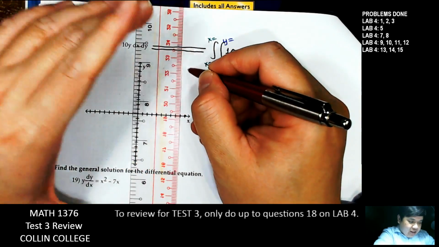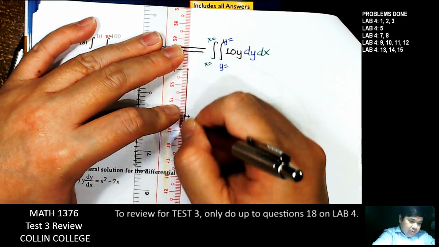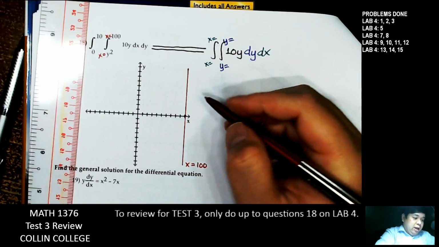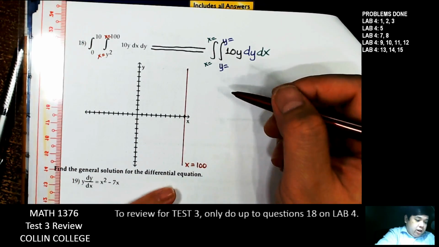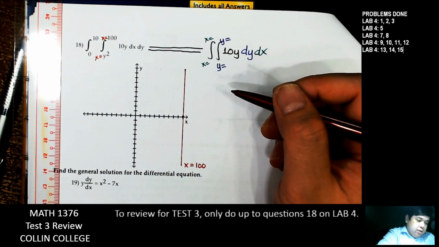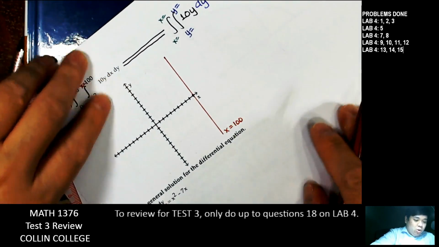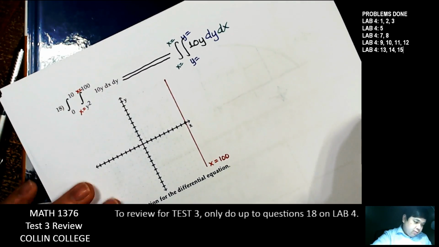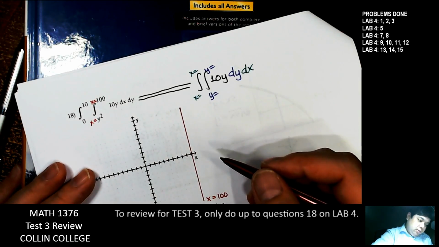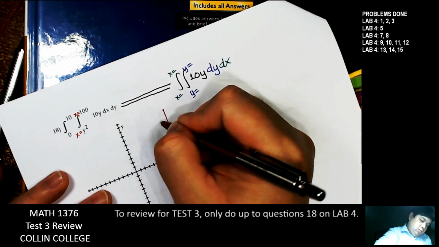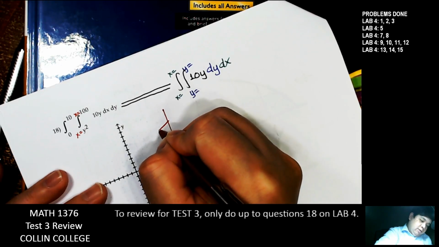So we have x equal to 100. And then x equal to y squared. Just like y equal to x squared, but it's a curve.